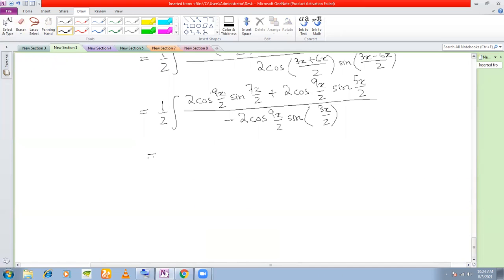Now from the numerator and denominator, you can take cos 9x by 2 common. 2 cos 9x by 2 you can take common.